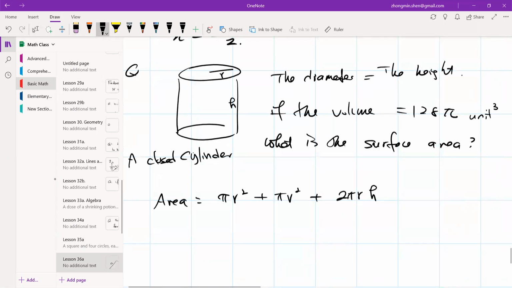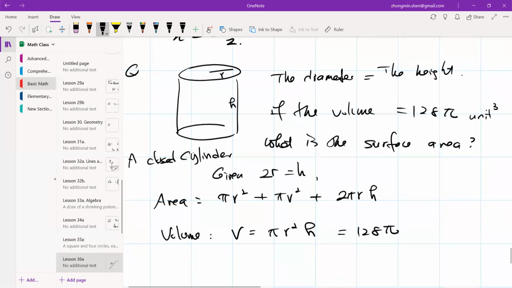We are given the following information: 2r equals h. 2r means the diameter. We are also given the volume. Volume is pi r squared times h, which is 128 pi.